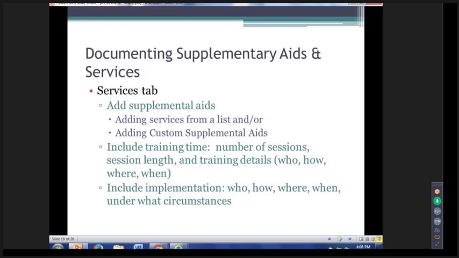And those details might be who, how, when, or where. You may also need to include implementation. When exactly is that device going to be used? Who's going to use it? Who's going to be involved? How is it going to be used? And under what circumstances will it be used?